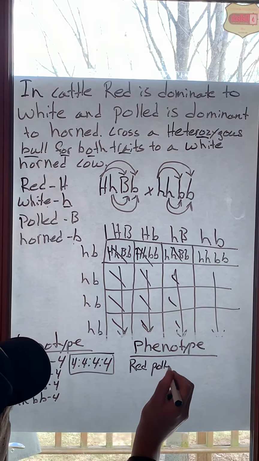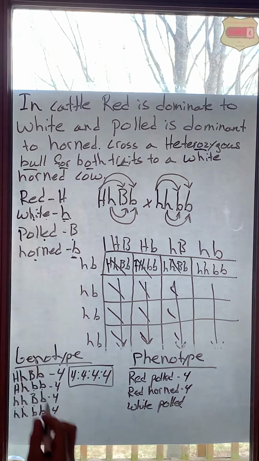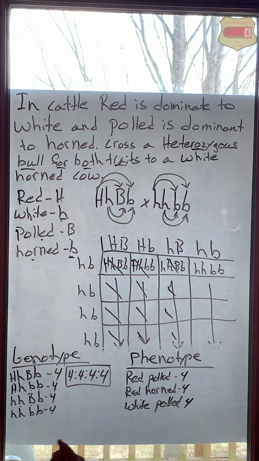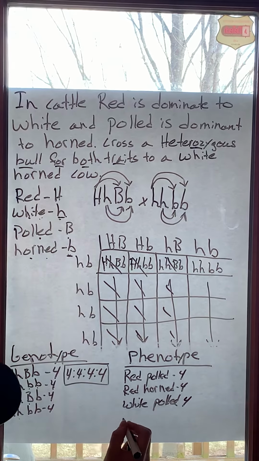And there's 4 of those. White, polled. So again, the little h represents white, and we have a big B there. So I know it has to be polled. There's 4 of those. And finally, all our recessive traits means it's white, horned.